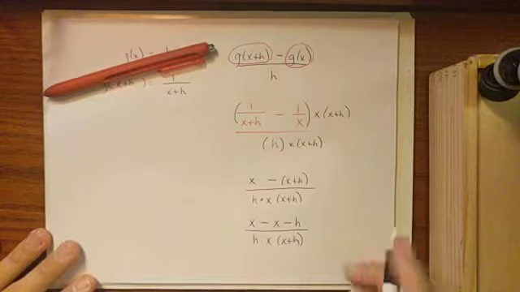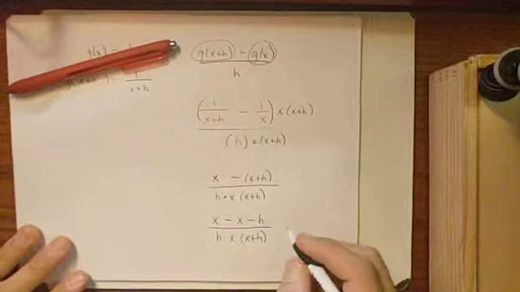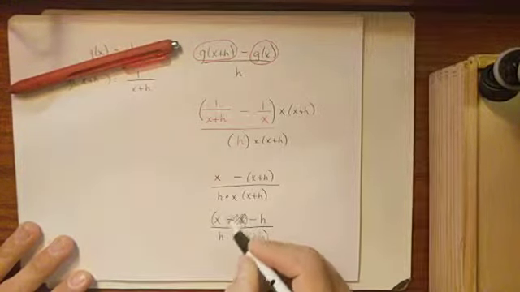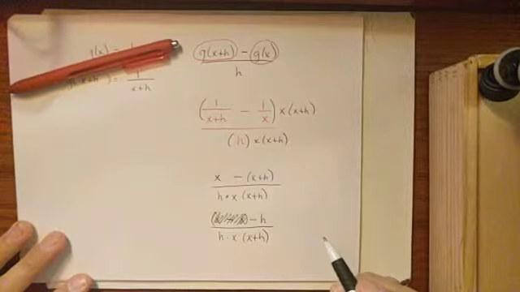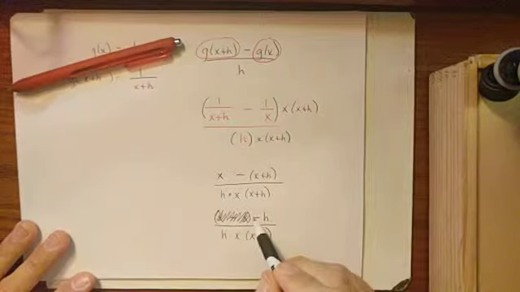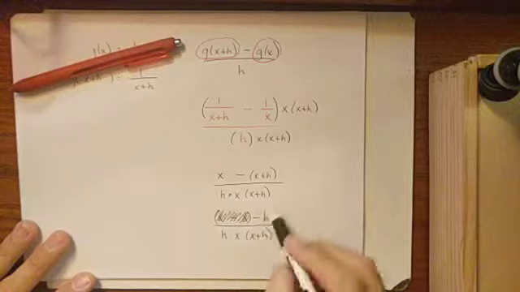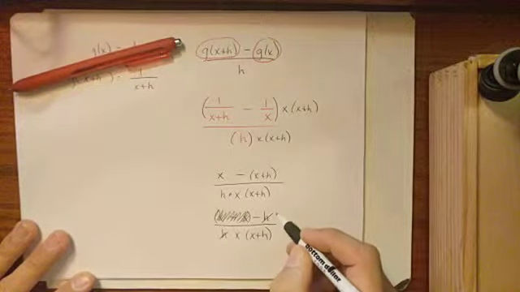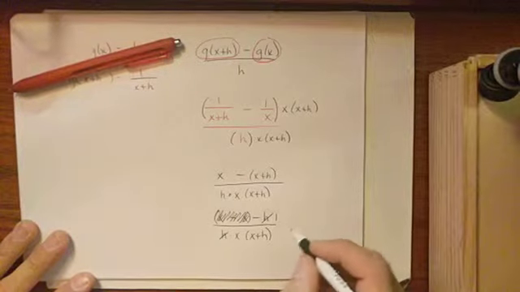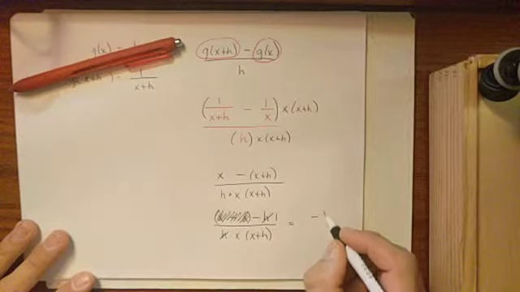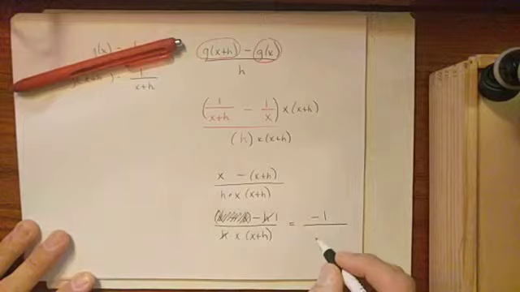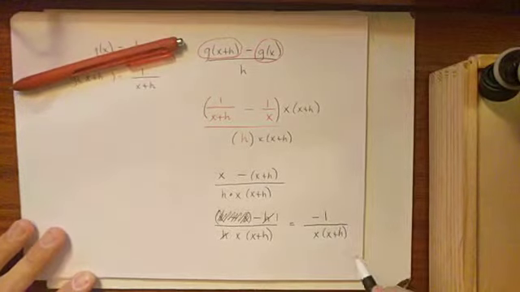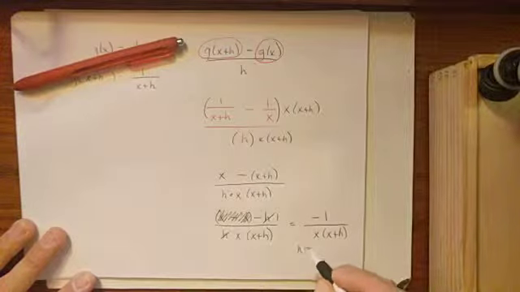Okay, so what does that make? Well, x minus x is 0, right? So now I have negative h divided by h, and that h divided by h is not 0 but 1. So the answer to this is negative 1 divided by x times x plus h, with the restriction that h cannot equal 0.